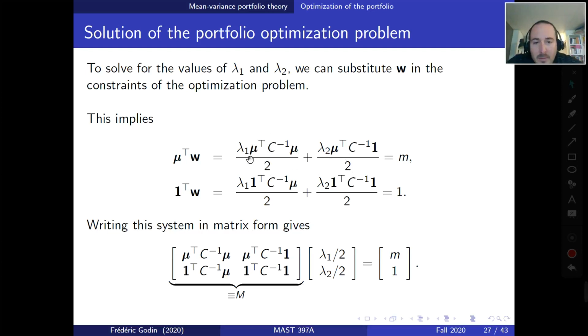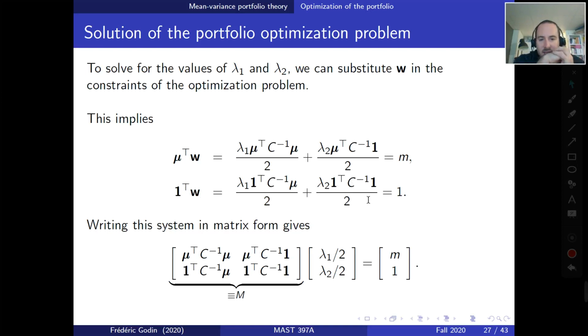And recall lambda 1 and lambda 2 are one-dimensional constants, so they can be taken out in front of mu. And then we can do exactly the same thing with the second constraint. So this is exactly the value of W we had in the previous slide, where we multiply the quantity by the vector of 1 transpose. We made that multiplication to the left here.